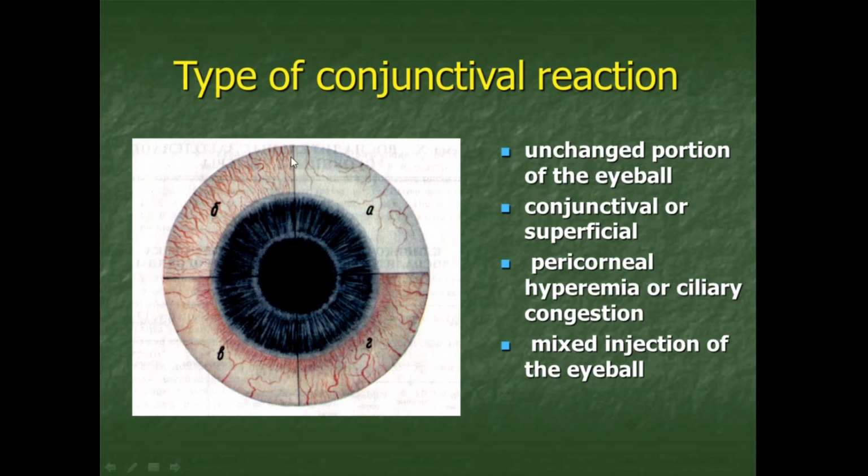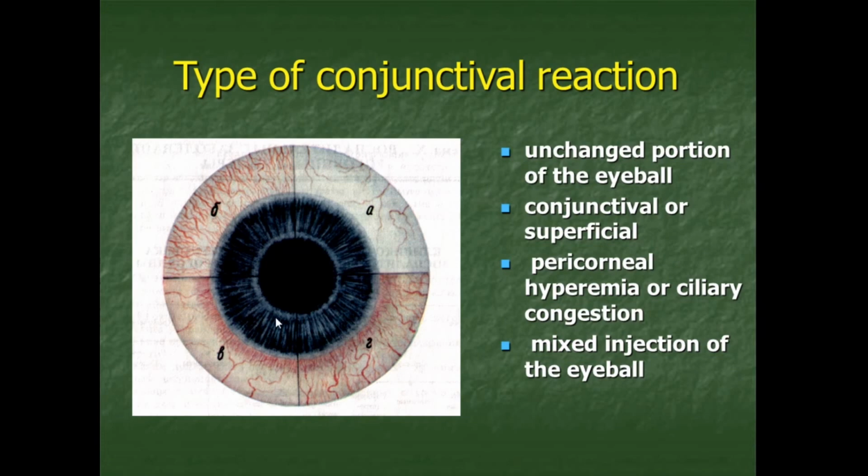On this picture, you can see conjunctival or superficial redness of the eye. On this chart, you can see pericorneal hyperemia of the eye or ciliary congestion. And on this part of the picture, you can see mixed injection of the eyeball.